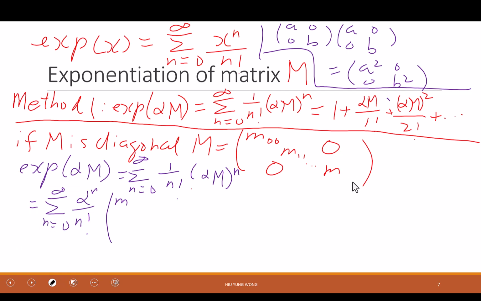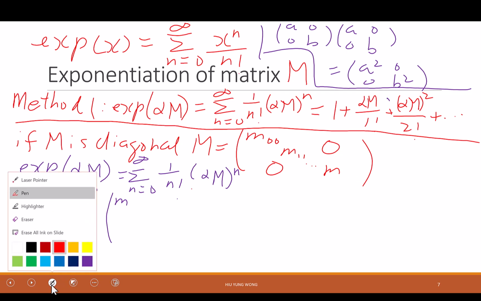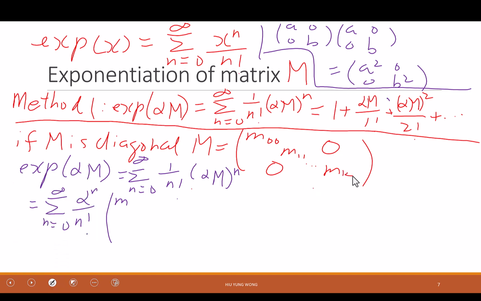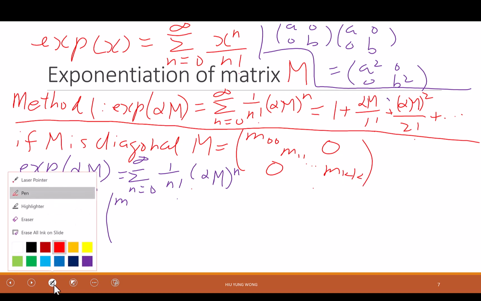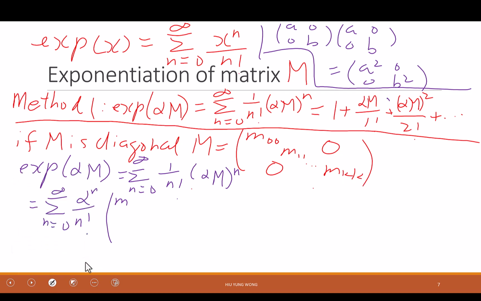Instead of n, let's just call it k. I have k dimensional. Then what do I get? I get m 0,0 to the power n, m 1,1 to the power n, all the way to m kk to the power n, and the rest are just 0.